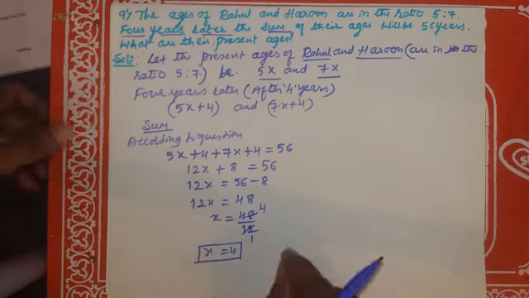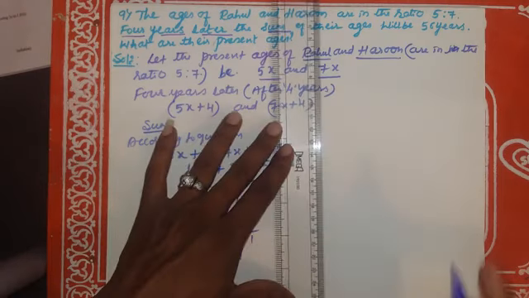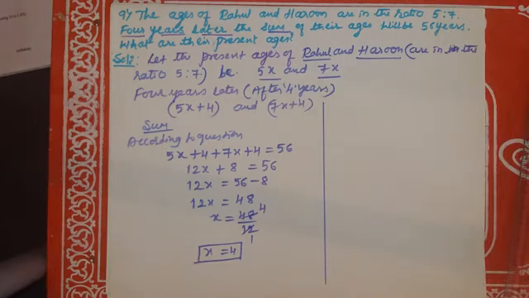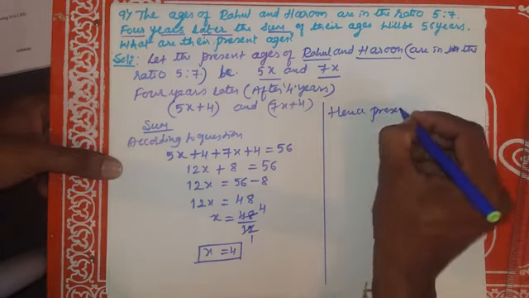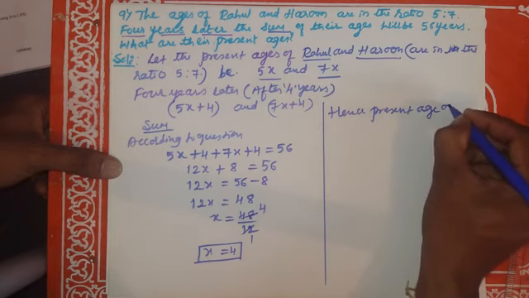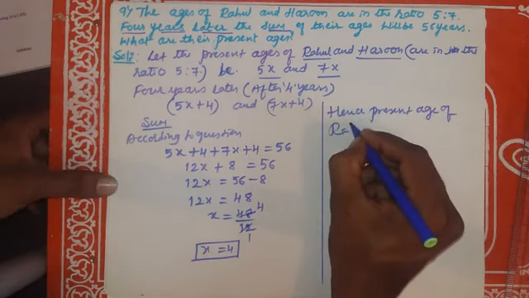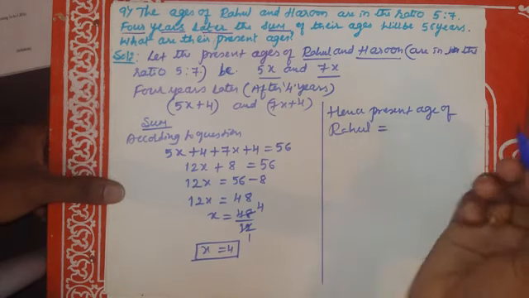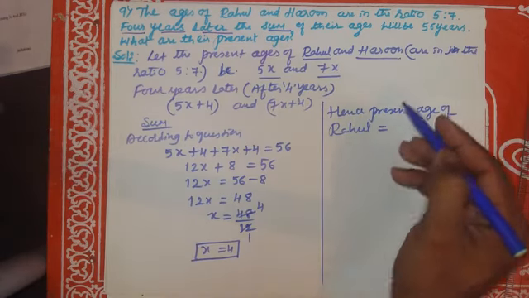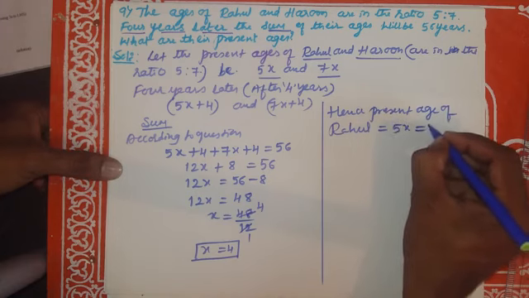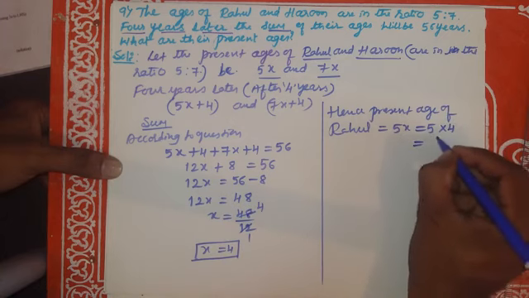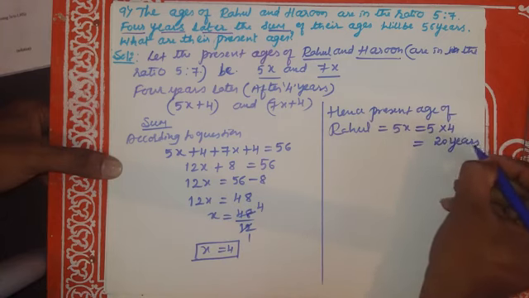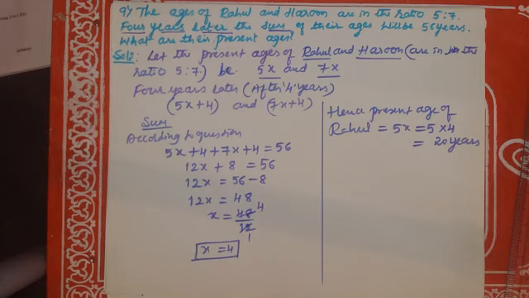Hence, present age of Rahul is equal to 5x, that is 5 into x value 4. Put in this, 5 4s are how much? 20 years. Whose age is it? Rahul's age, right?